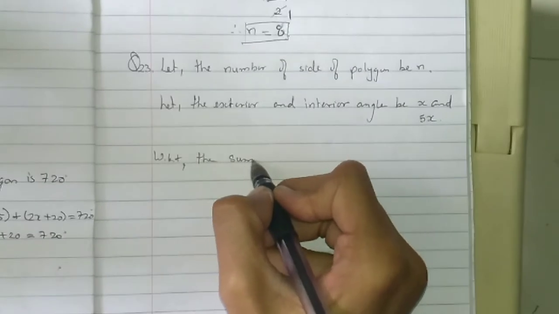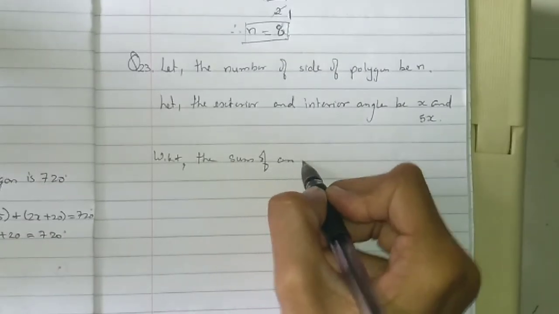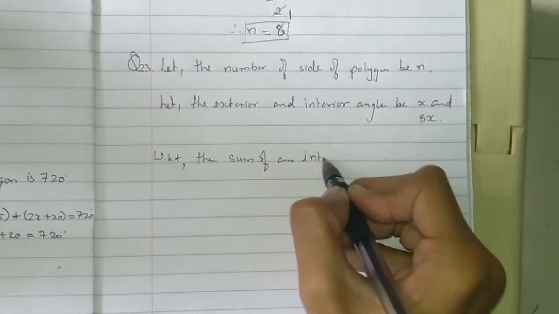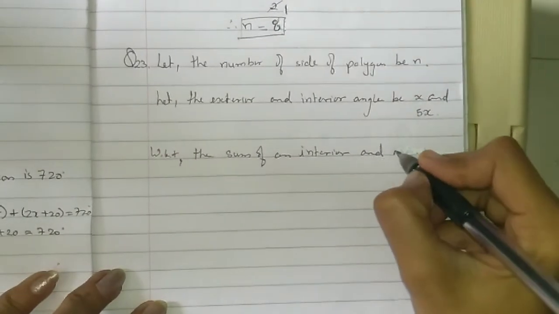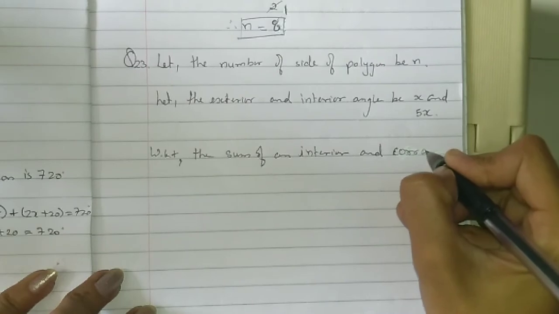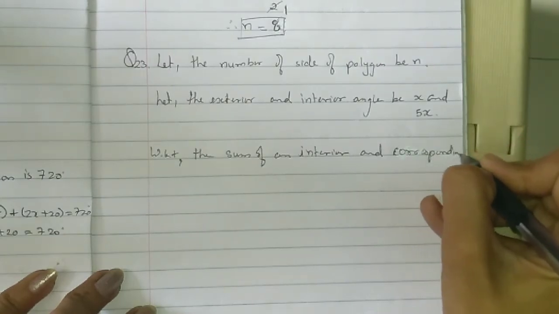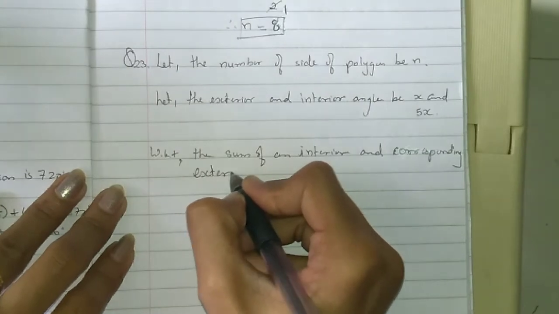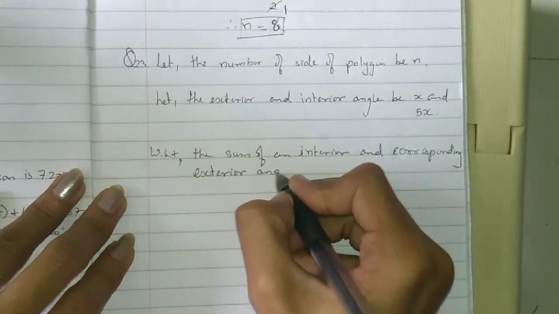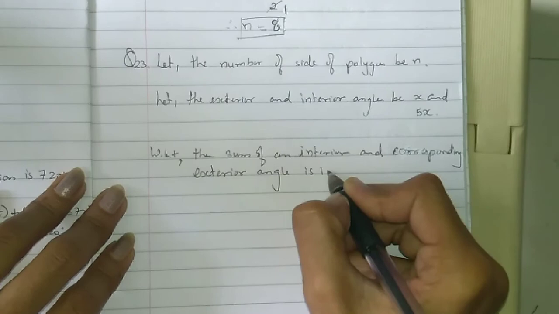And we know that the sum of an interior and corresponding exterior angle is 180.